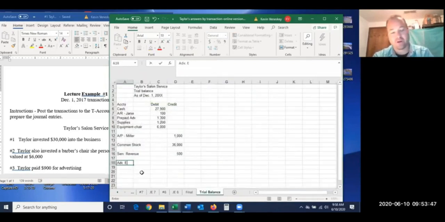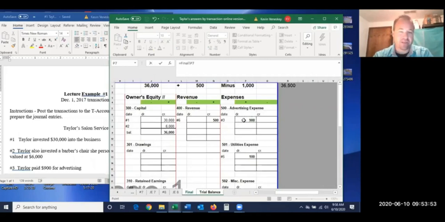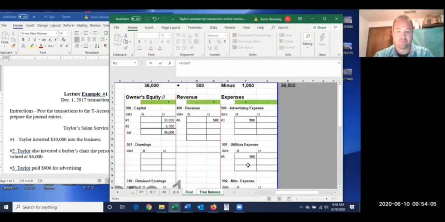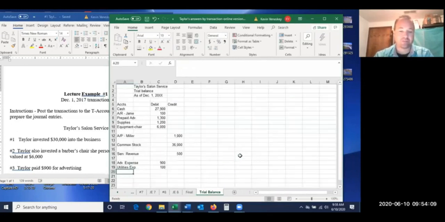Okay, so let's put in our advertising expense. It's on the debit side because its balance is on the debit. And my last one was the utilities expense. It's also on the debit side. All expenses are debits, for 100.